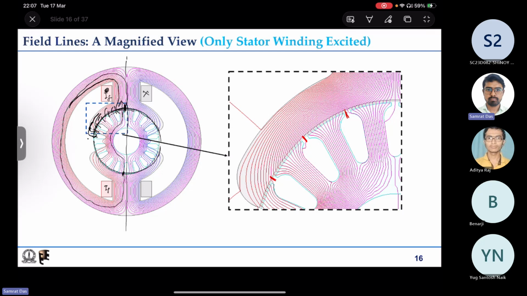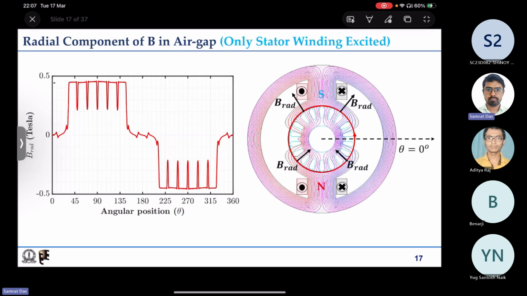Now what about the length of flux lines? Length of flux lines is quite low under the pole, it is only G. In the interpolar region, it's quite big. That is why, although the MMF distribution, if plotted, will be a perfect square wave, plus some value from 0 to 180 degree and minus some value from 180 degree to 360 degree, the effective length in the interpolar region is quite big.